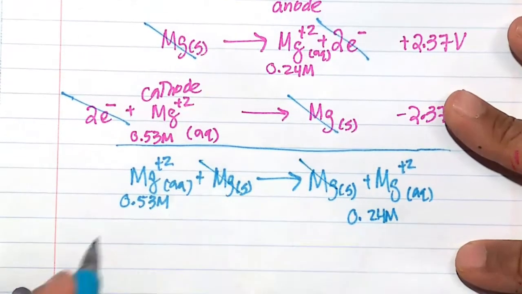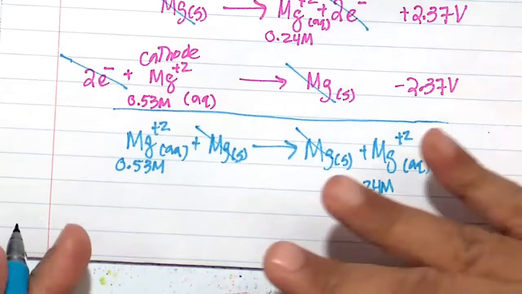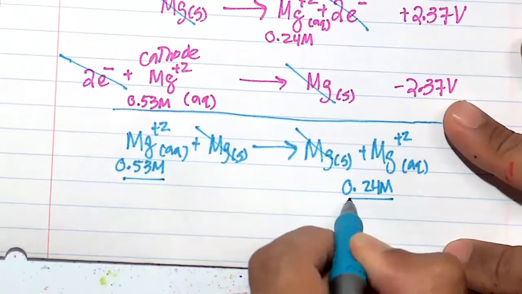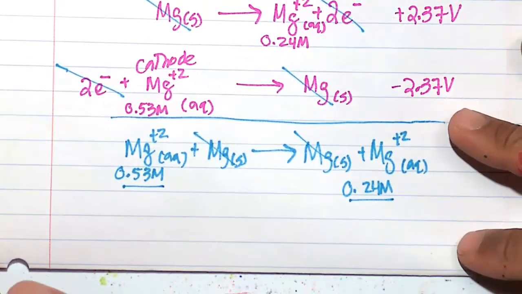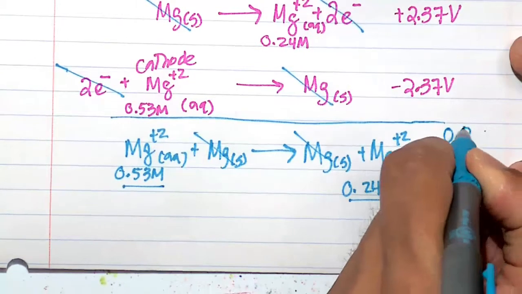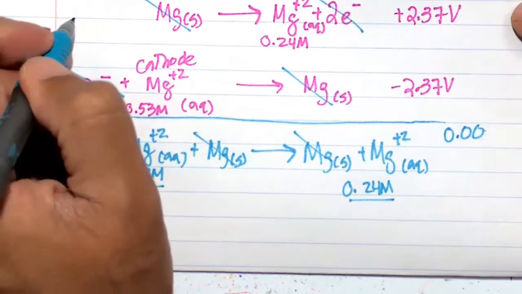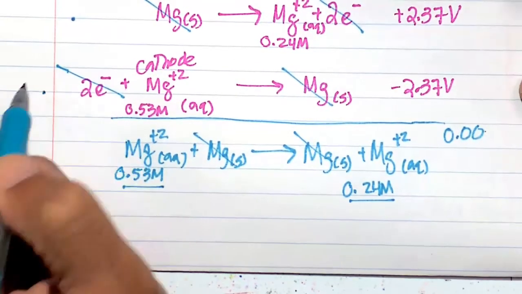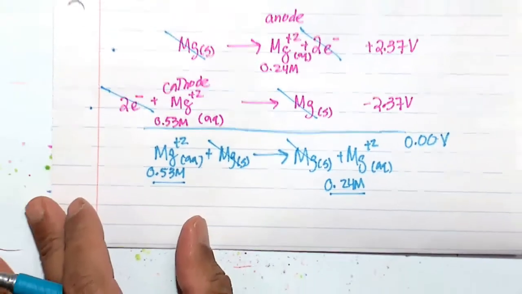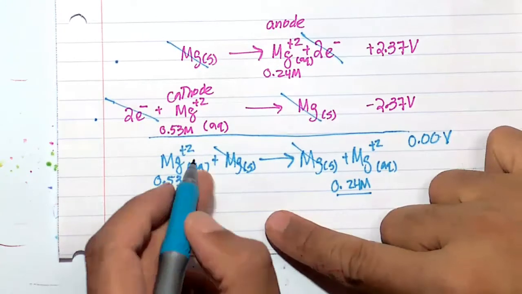So here we have Mg plus 2, 0.53 molar, going to Mg plus 2, 0.24 molar. Okay? And the E cell here, when we add the anode site of oxidation with the cathode site of reduction, is 0.00 volts. Okay? So let's use the Nernst equation here.